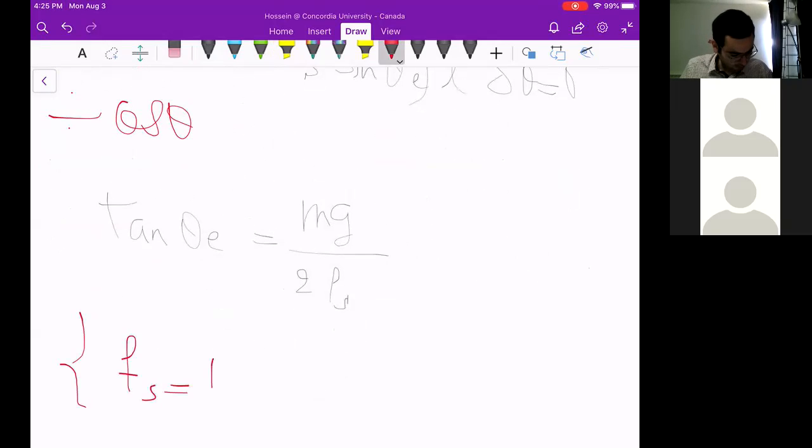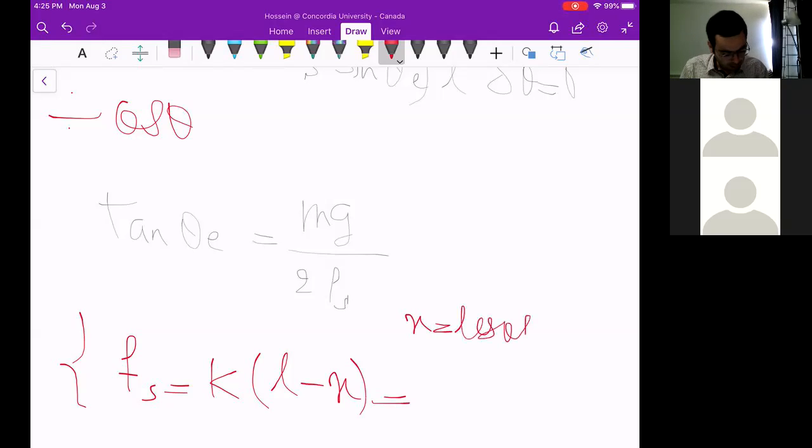The spring force is stiffness times delta x. At first it was L, and at the second position it is x, so L minus x is the total deformation applied to the spring. You can also plug in for x: x is L cosine theta. So k times L minus L cosine theta E.